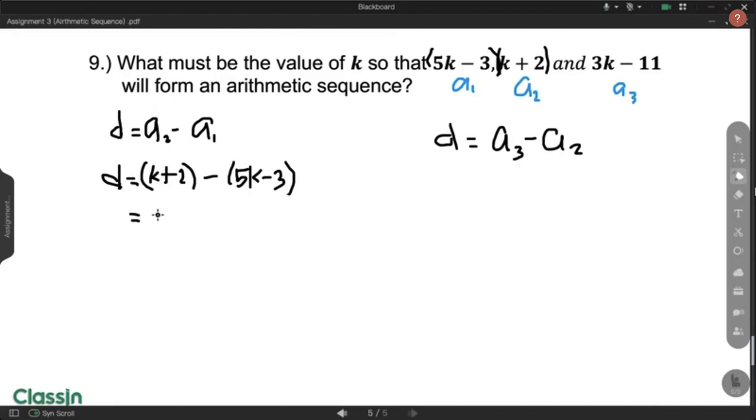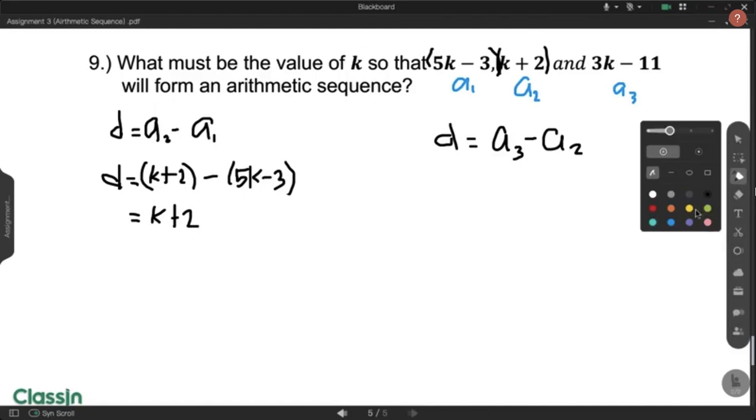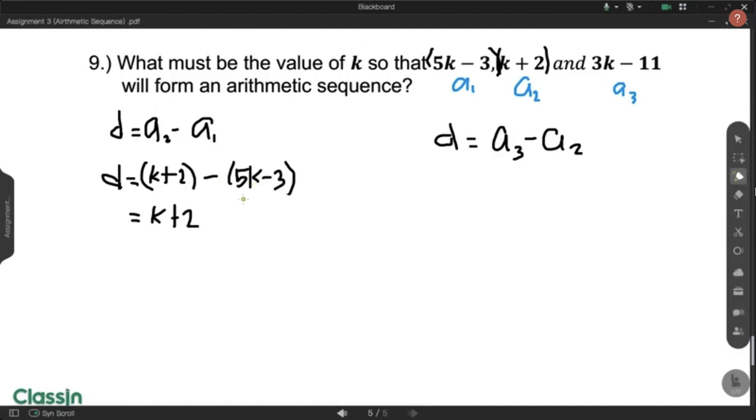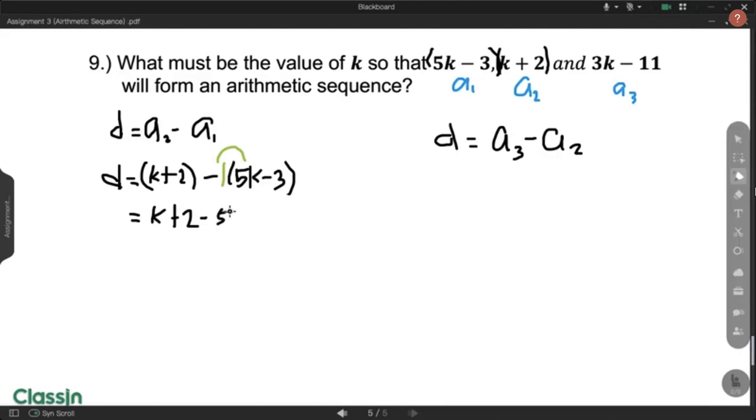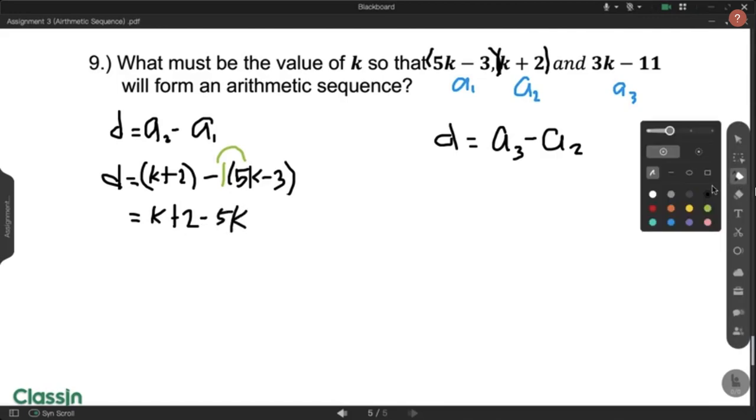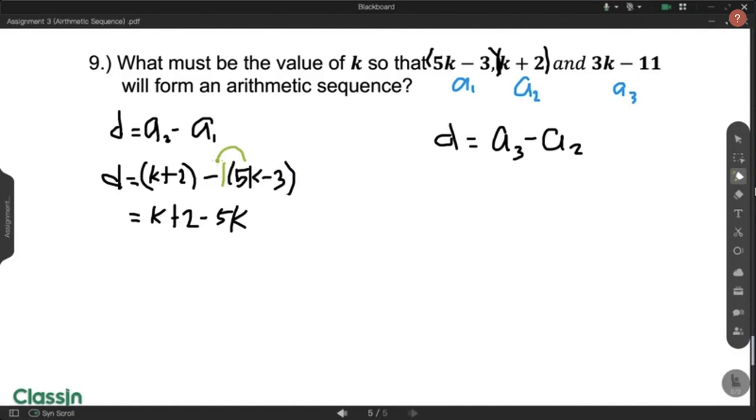Let's simplify. K plus 2. Outside the parenthesis, you have negative 1 times 5k, it's negative 5k. And negative 1 times negative 3 is positive 3.